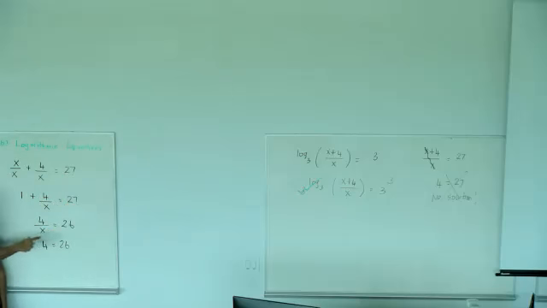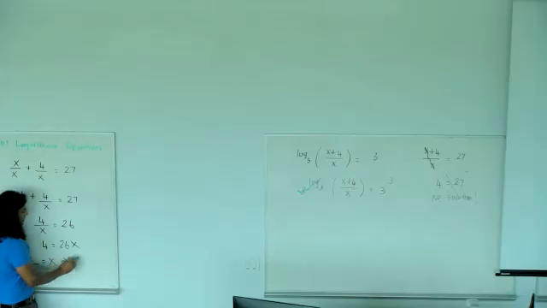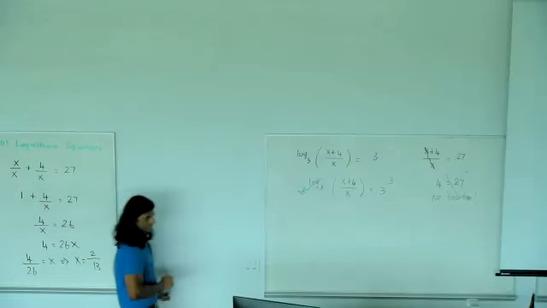You're multiplying by x on both sides. The x's will cancel here. You get 26x. Divide by 26 on both sides. 4 over 26 would equal x. I have a 2 in common, so get rid of 2 in the numerator and 2 in the denominator, and you'll get 2 over 13.